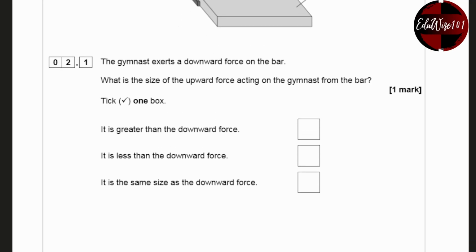If the gymnast is exerting a downward force, the upward force should be equal and opposite in direction, the same size as the downward force, because the gymnast is not actually moving, so the resultant force has to be 0. So therefore it has to be the same size so that it cancels off.